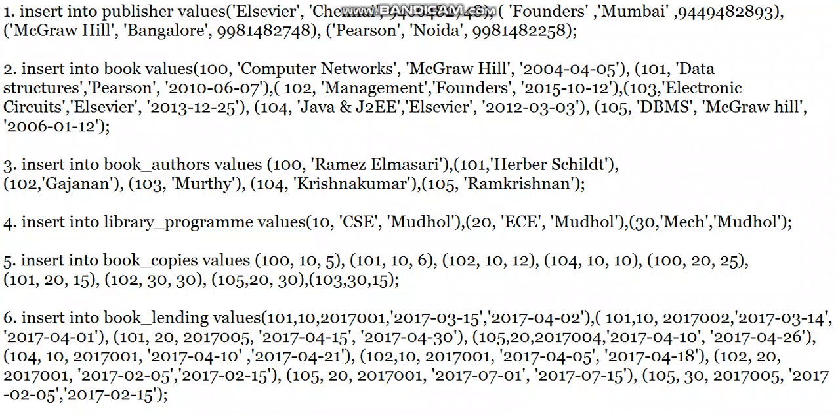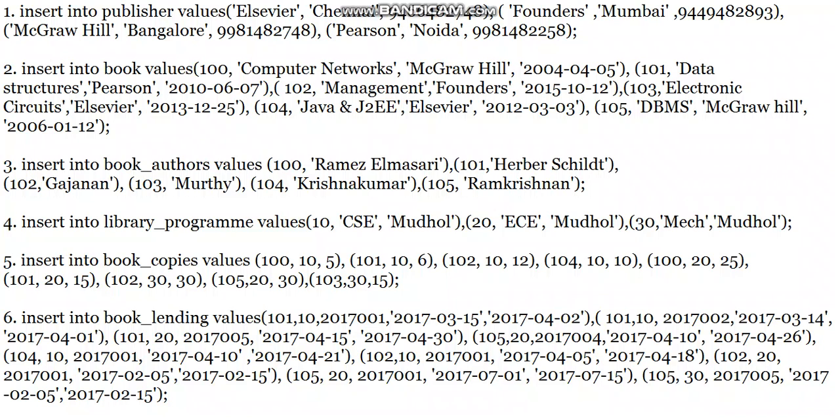These three attributes, publisher name, address and mobile number, are separated by commas, and again each row starts with an open brace, separated by commas. You can continue with any number of rows or tuples and at last end with a semicolon. Varchar means string, so it has to be inserted with single quotes.